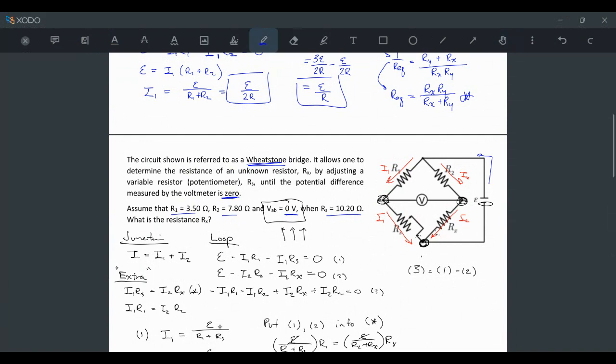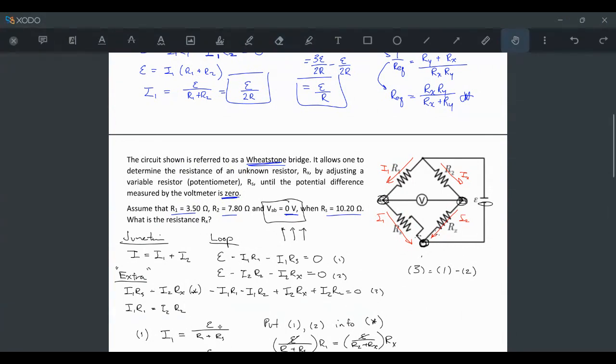I started here, left the battery, and went either down the left or the right branch of this square or this diamond. But you don't have to include this battery, right? It's not the only closed loop that you can find. So you could have done one like this that went around the first one, or you could have gone around this diamond, this square in a counterclockwise manner. If you don't like the look of that, you can go around this way.